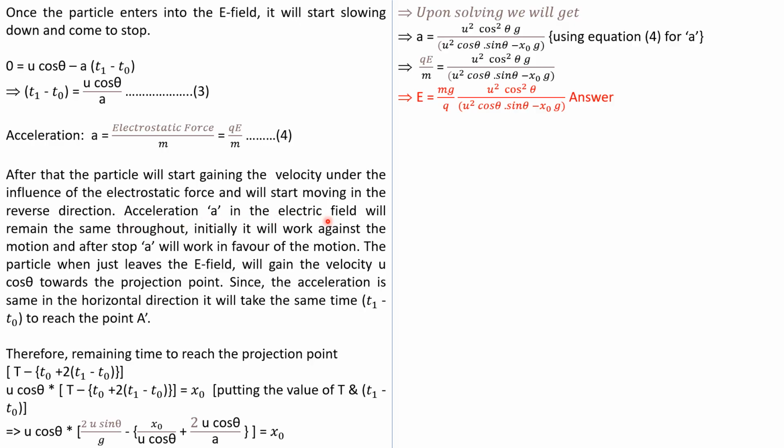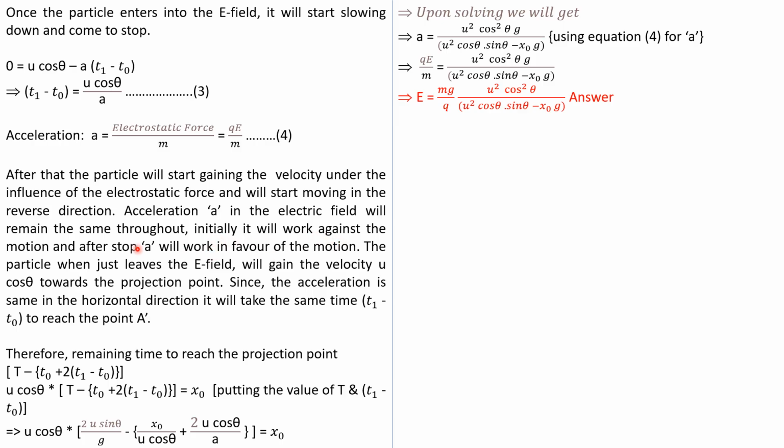Acceleration A in the electric field will remain the same throughout because the force is constant and mass also is constant. So A will remain the same throughout in the field on the particle.